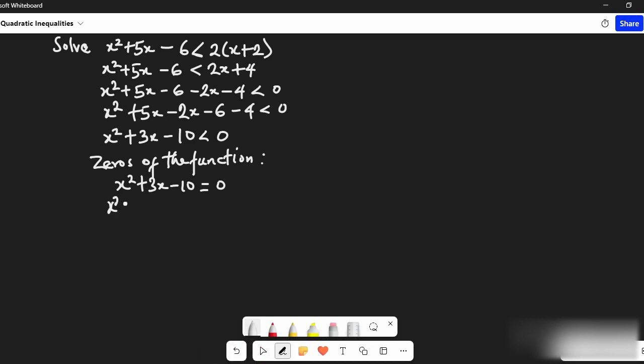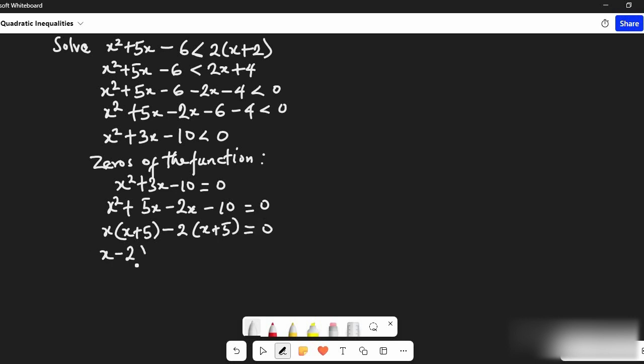So this is x squared plus 5x minus 2x minus 10 equals 0. This is x into (x plus 5) minus 2 into (x plus 5) equals 0.